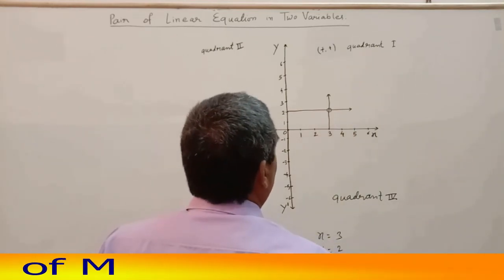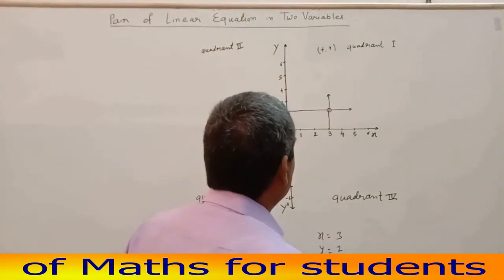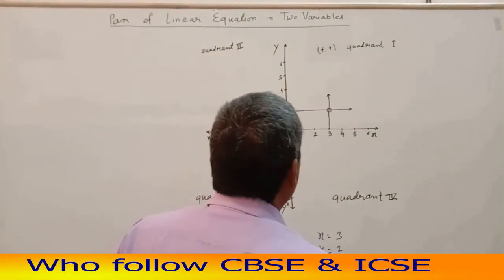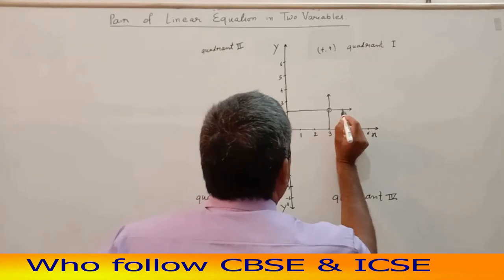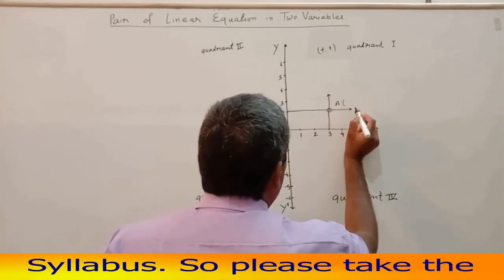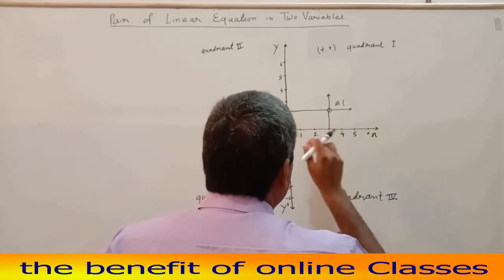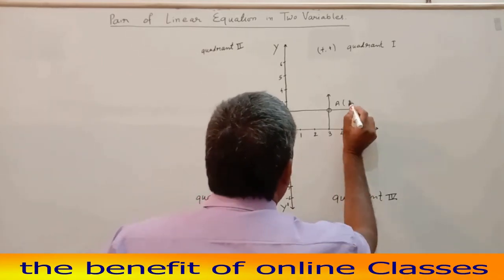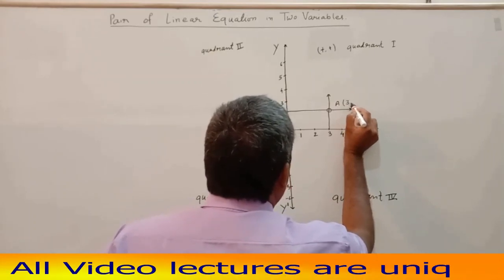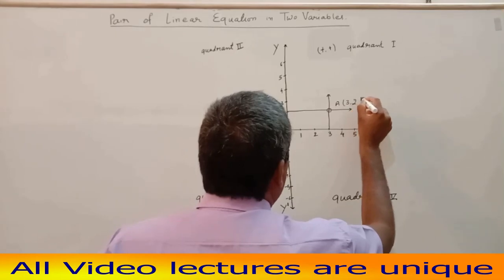Is that clear? Do you understand? This point is called the coordinate. So how can we represent it? Suppose this one is A. First of all we represent 3 on the x-axis, so we write 3 comma, and then 2 on the y-axis.